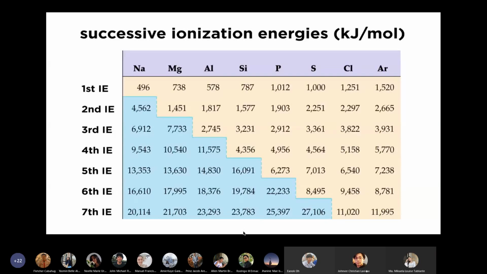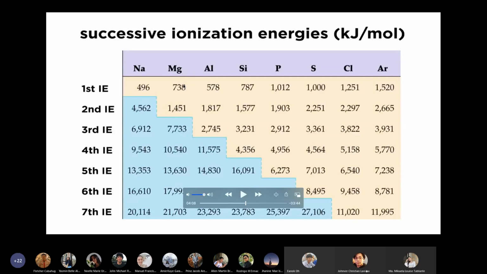All right. So this table shows us the amount of energy required to remove the electrons. So we call them ionization energies. Now in here, for example, sodium has one valence electron. So its first ionization energy is given by this value. Now magnesium has two valence electrons.